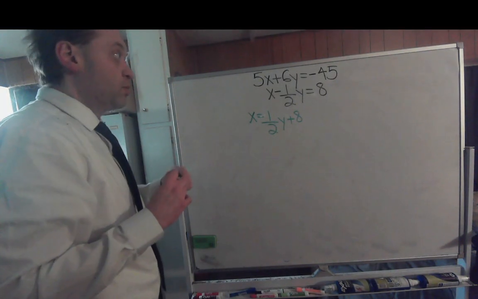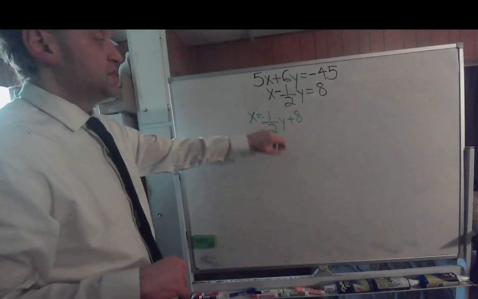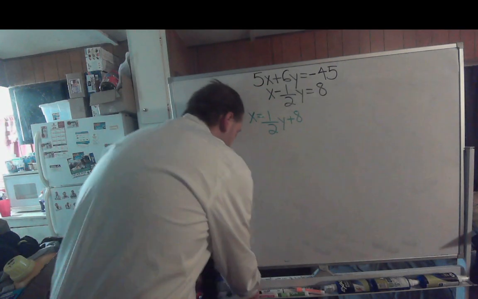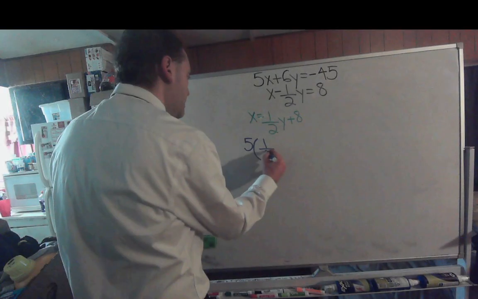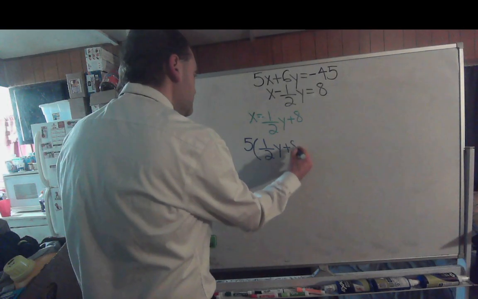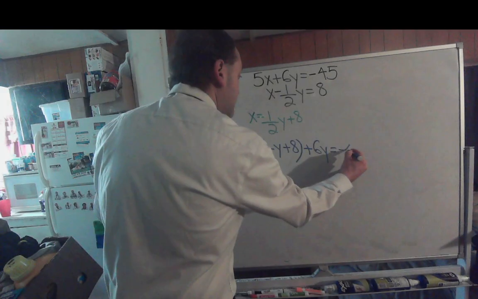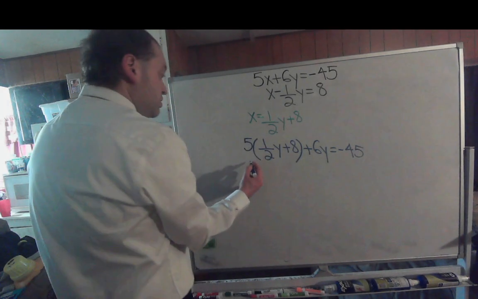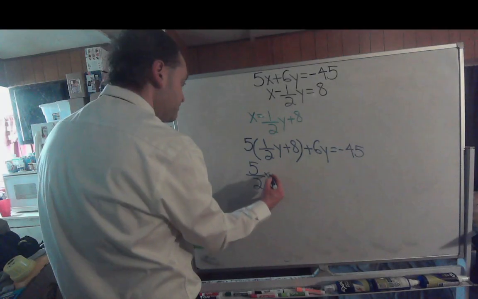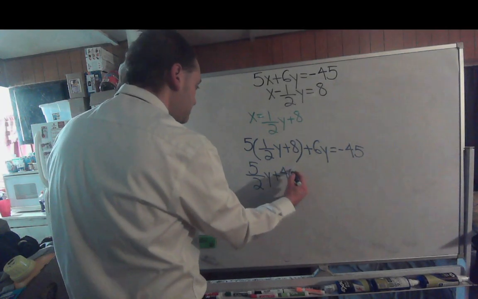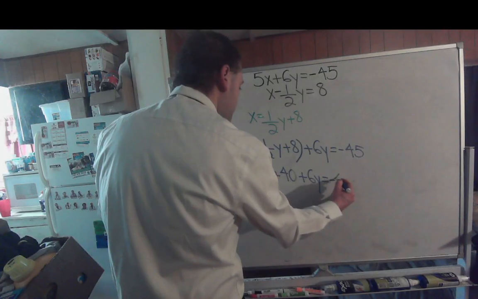Now you got something you can work with to put into the first equation. You can actually put in the 1/2 y plus 8 where you see x in the first equation. So let's go ahead and do that. You would take 5 times the quantity of 1/2 y plus 8, all that plus 6y, set all that equal to negative 45, which would end up giving you 5/2 y plus 40 plus 6y equals negative 45.